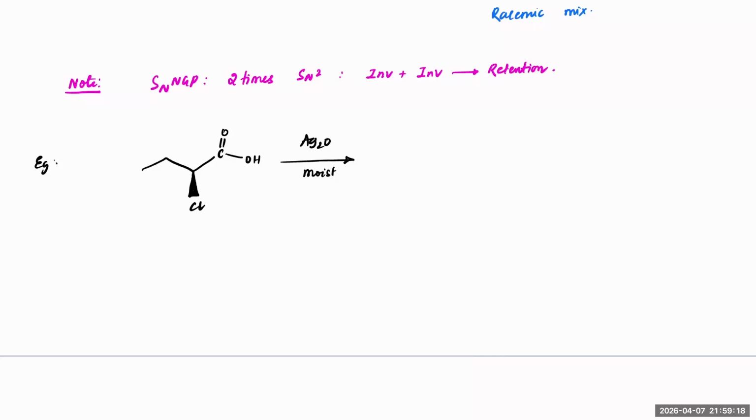So with moist Ag2O, I'm expecting that OH should come. So what you will get here is this OH with the same configuration with CO minus Ag plus here. Correct. This will become the major product.